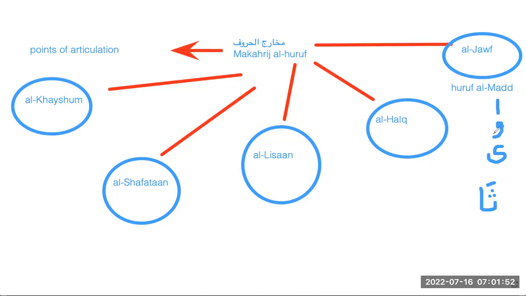Then the waw sakina, waw mad, is a silent waw preceded by dhamma. So this is our waw, and it has to be preceded by a letter with dhamma. We choose the letter jim. So this will be ju.